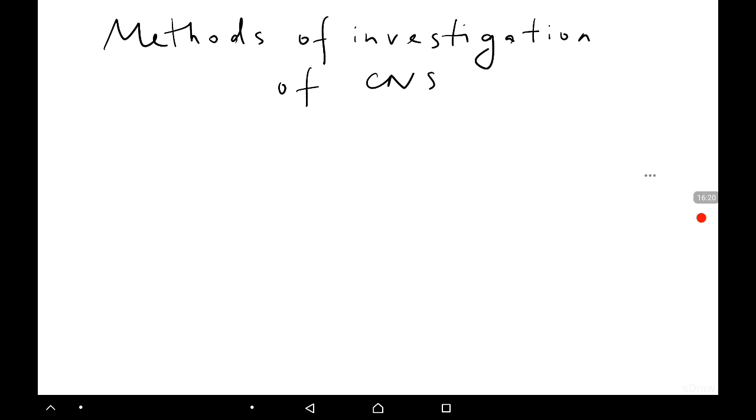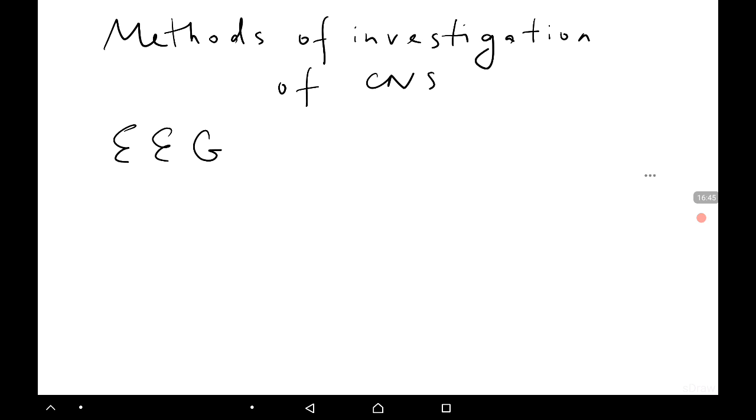Now we will speak about the methods of clinical investigation and scientific investigation of the central nervous system functions. One method is called electroencephalography. This is called also EEG. The graph is called electroencephalogram.